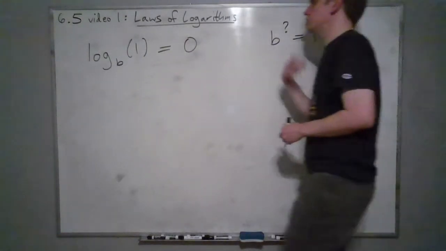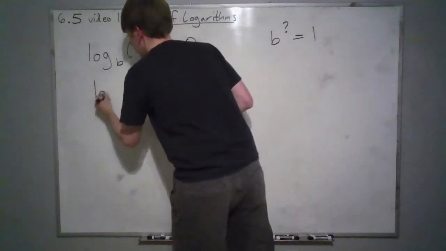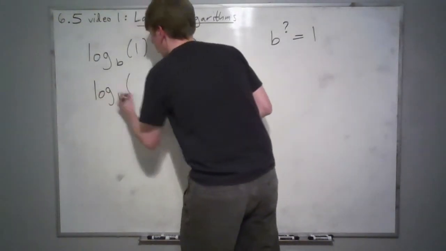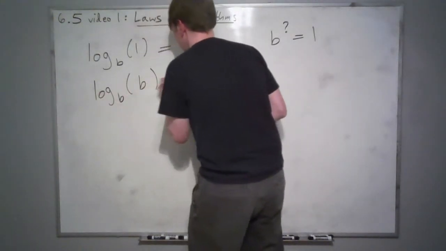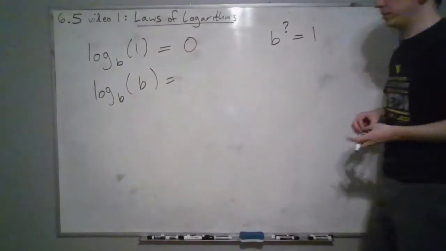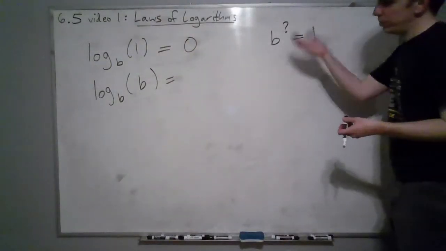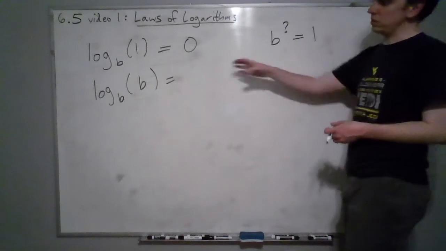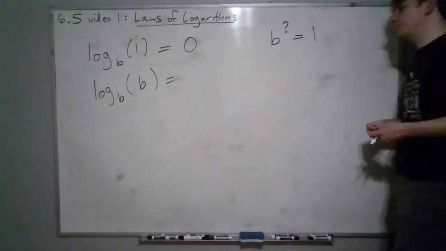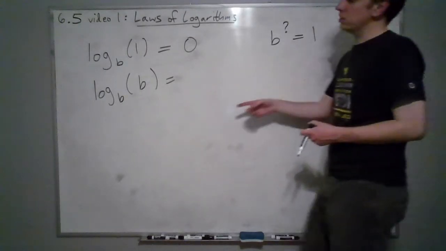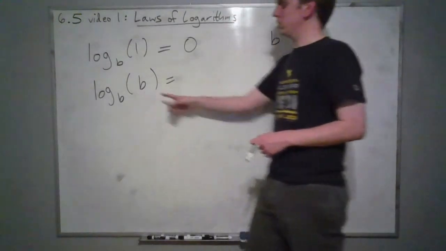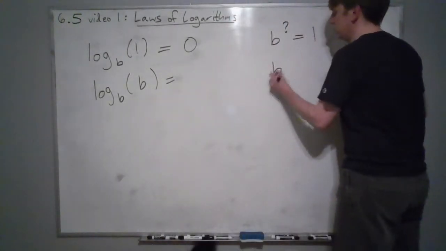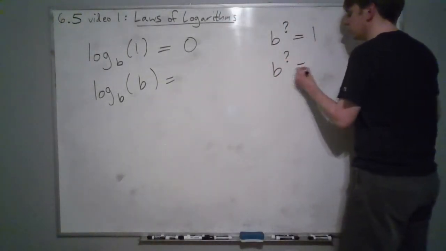Okay, similar. If I take a log base b of b, no matter what number b is, assuming b is positive, because otherwise it doesn't even make sense for a variety of reasons, then this is saying the base is b, the answer is b. What's the missing exponent?